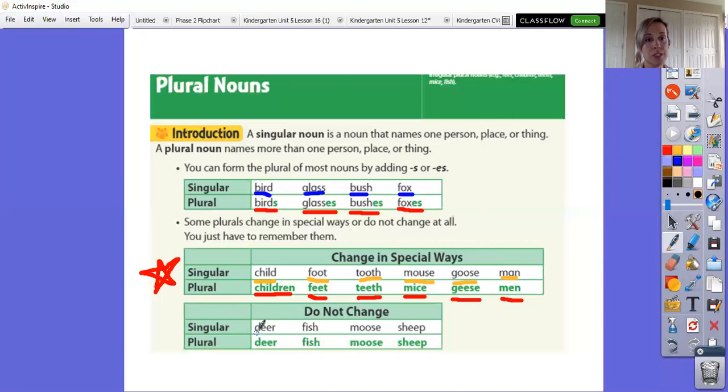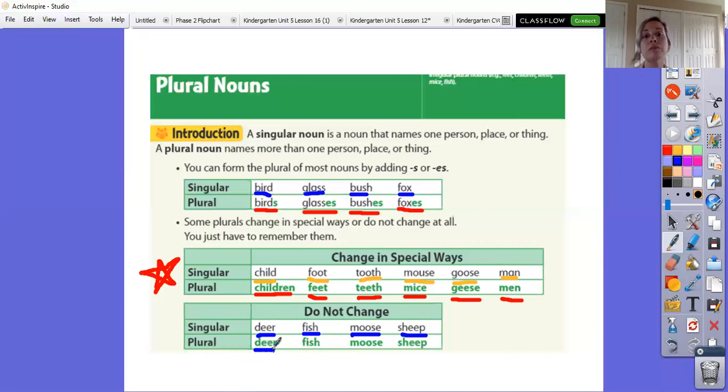Our first word for singular is deer. I saw the deer. Okay. Next one, I saw a fish. I saw the moose. I saw the sheep. Okay, when I make it more than one deer, I don't say I saw 2 deers. I just say I saw 2 deer.